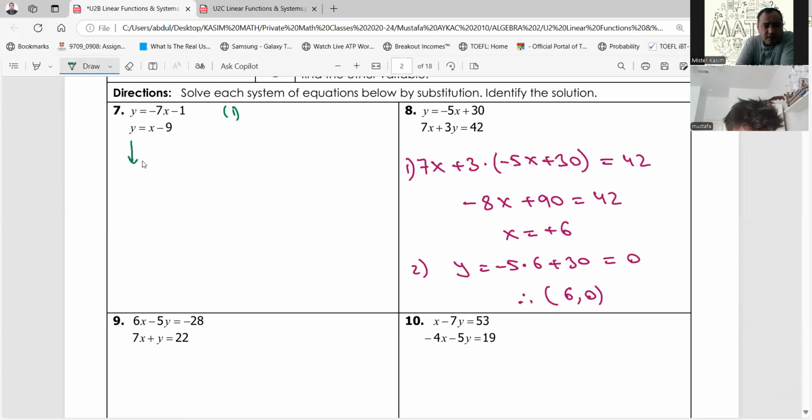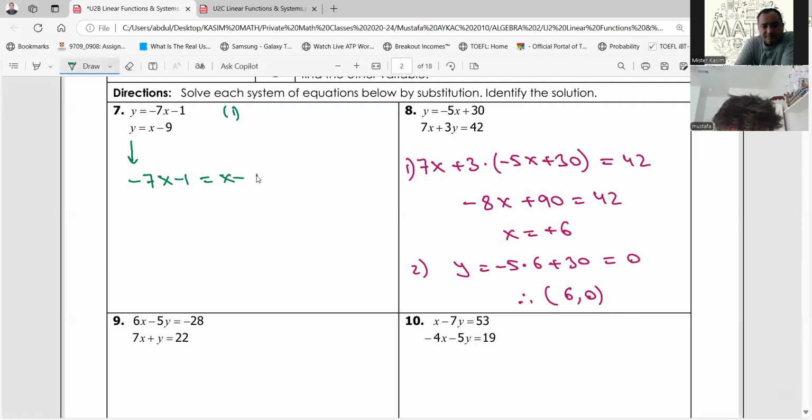So what is y? Instead of y, I can use either negative 7x minus 1 or x minus 9, right? Because they are equal. So I'm going to substitute this into the second equation. Negative 7x minus 1 is equal to x minus 9. You see, with one operation, I changed the system of equations into a single equation.